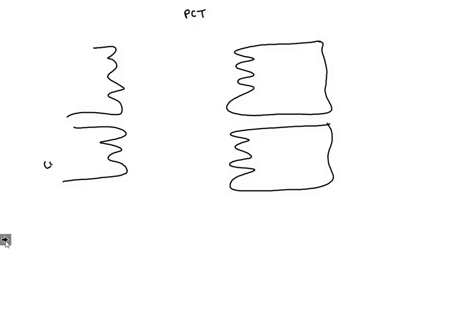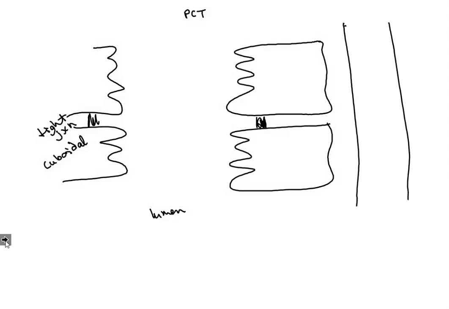These are cuboidal cells, and they are connected by tight junctions. And so what's in between is the lumen of that proximal convoluted tubule. Off to the right would be a capillary, and that would be a peritubular capillary.